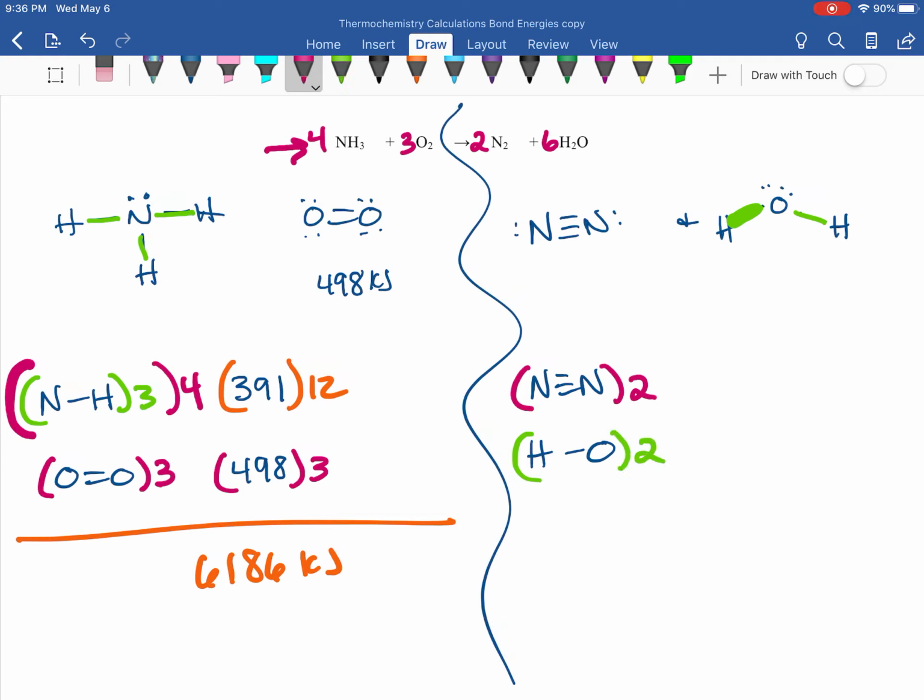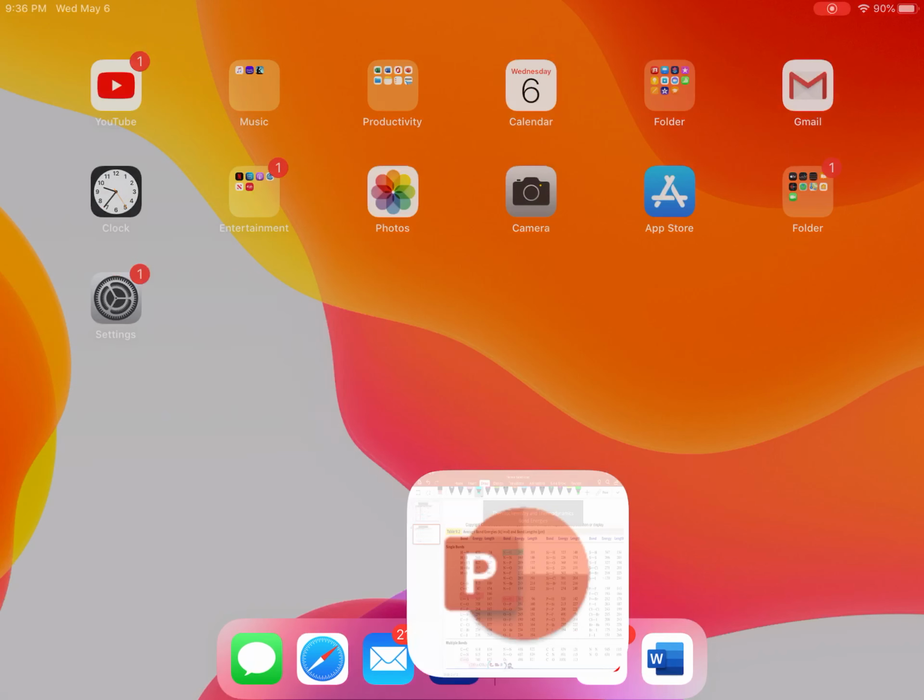Okay, there's 2 of those. But then we have, holy cow, 6 moles. All right, so I think our OH bond, wasn't that 467? I want to write that skinnier. 467.